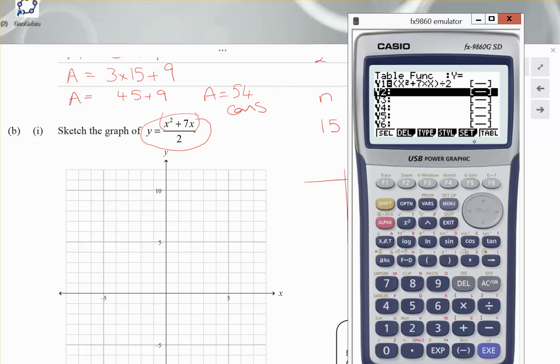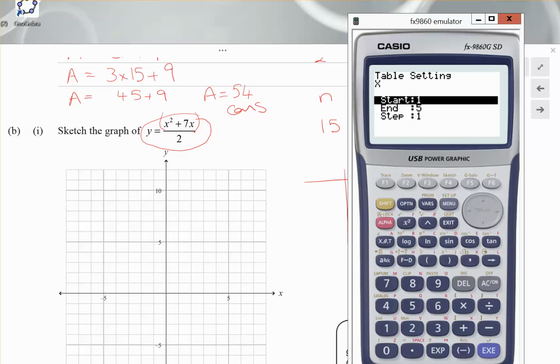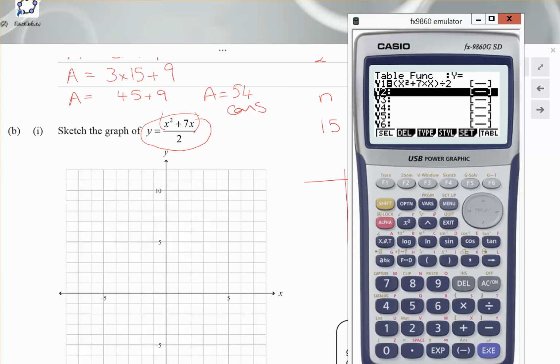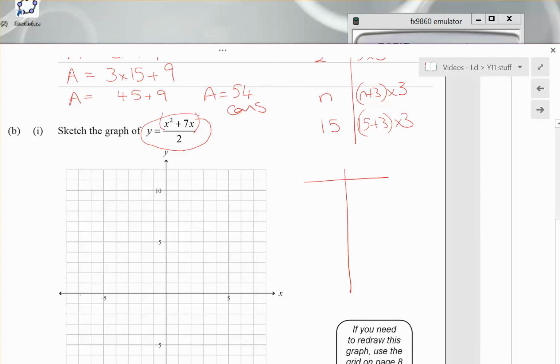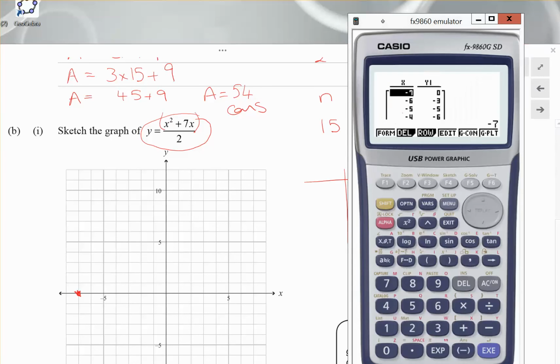Right, this time now we can set it. We want to go from, let's try from about -7 up to 7 in steps of 1. Right, so we can have a go at plotting this. -7, it was just as well we went to there because that was 0. You can have a look on your table if you like.